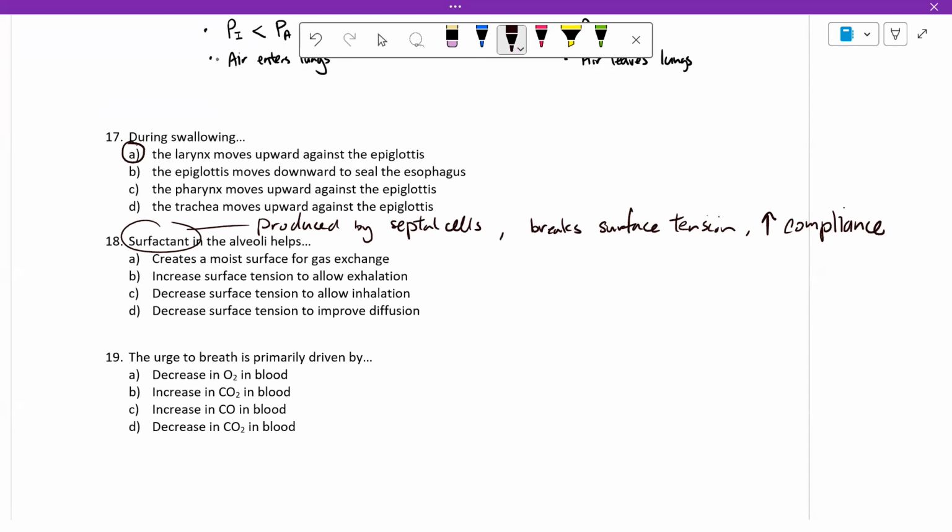Okay, it makes the lung more expandable. Okay, and it allows inhalation. Premature babies do not yet have their own surfactant, and it makes it difficult for them to inhale.